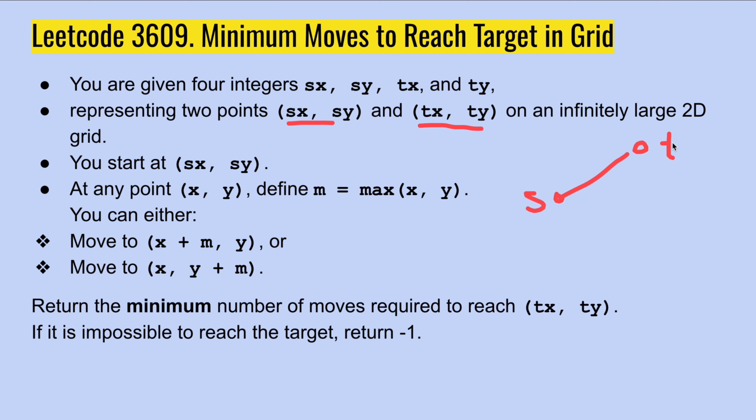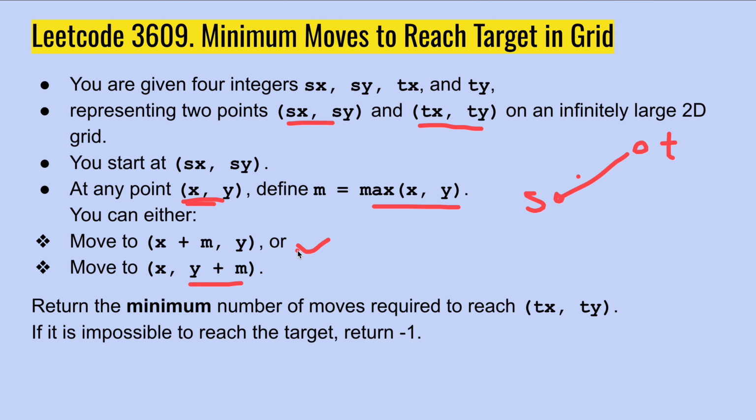We want to move, and we have to understand what moves are allowed. Let's suppose from any point x and y, you can move in two ways: either x plus max of x and y, or x comma y plus max of x and y.